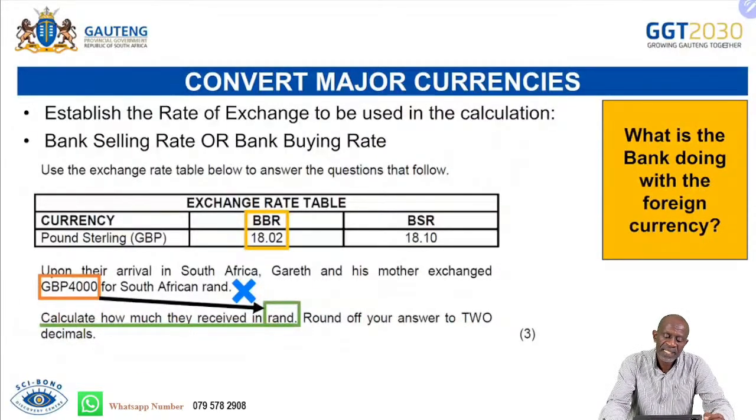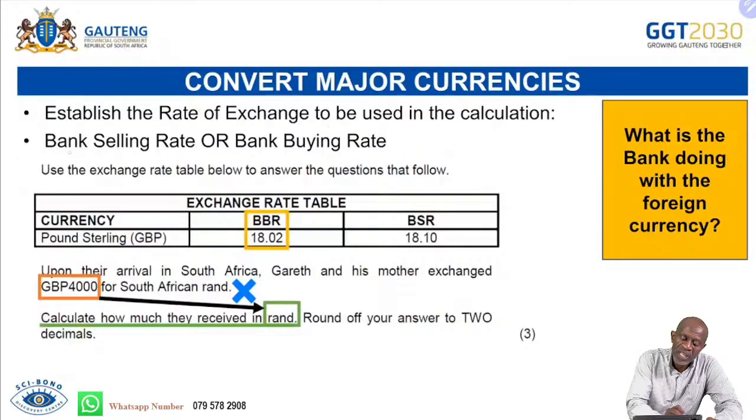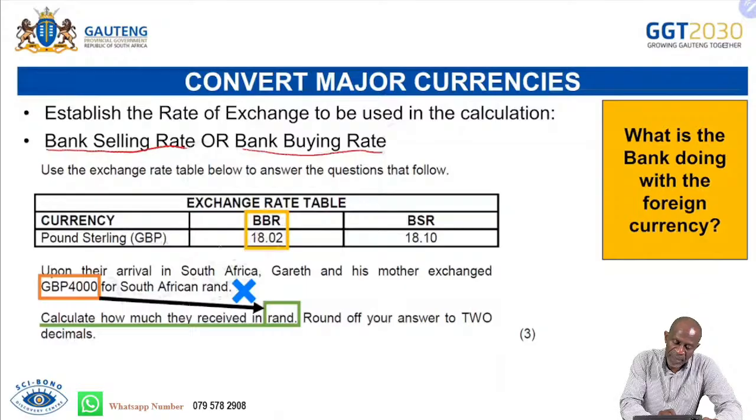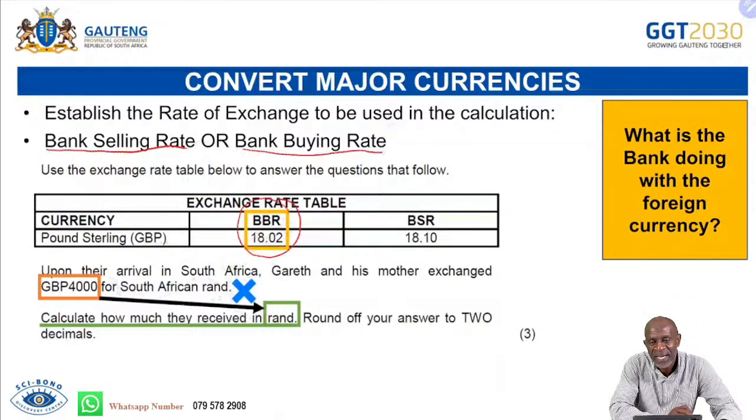Next, establish the rate of exchange to be used, whether you use the bank buying rate or the bank selling rate. Now, because the bank is buying foreign currency, we will use the bank buying rate. The bank will not buy local currency.